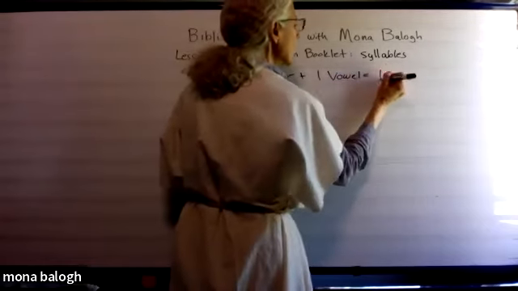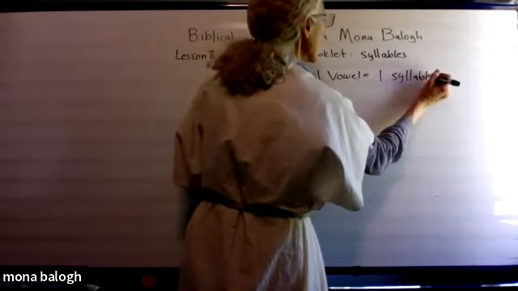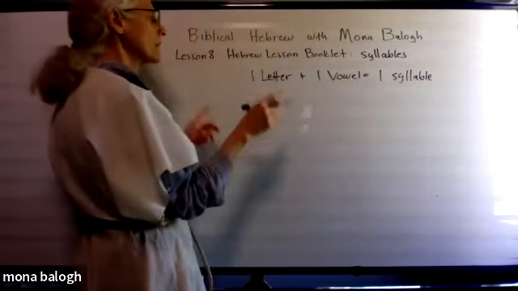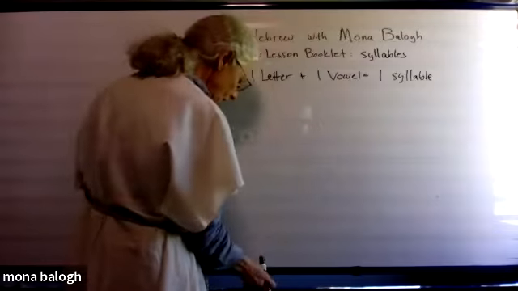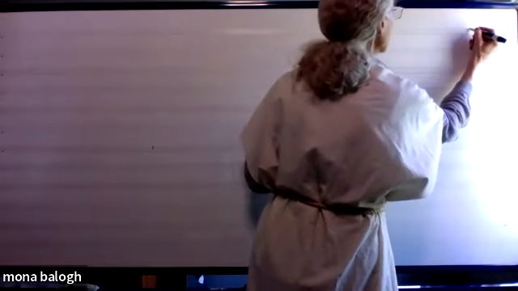That's usually what happens, so we're going to do that first. There is an exception to one vowel, one syllable using the shva, but we're going to get to that later in this lesson. All right, so let's get our paper out.